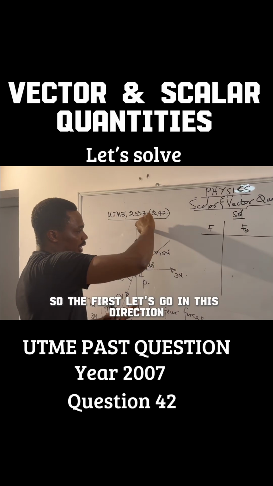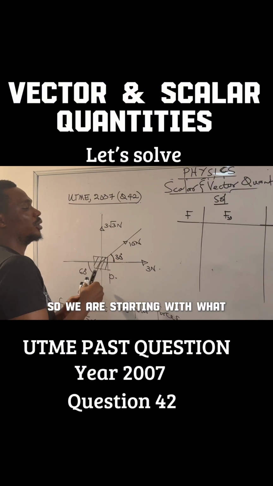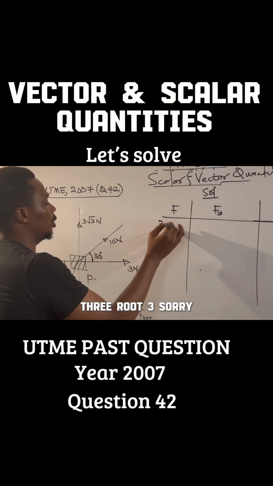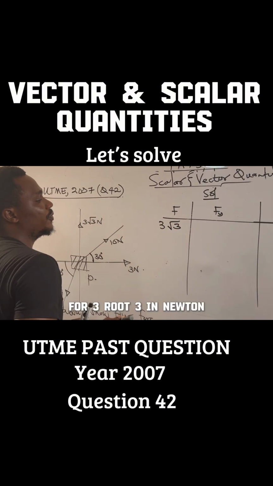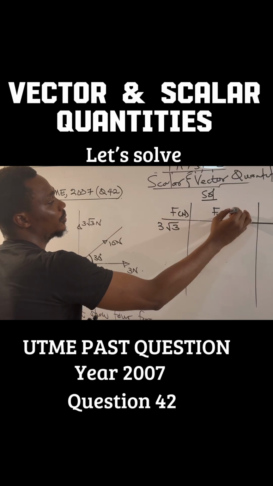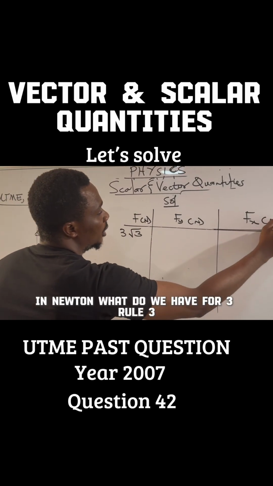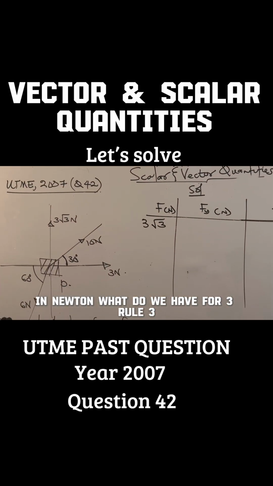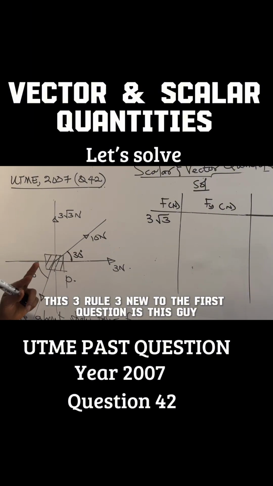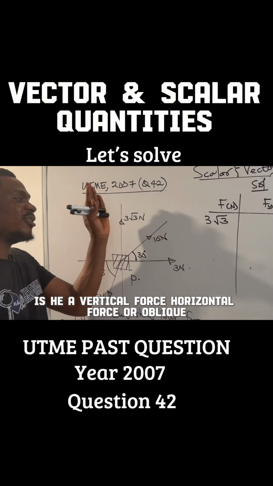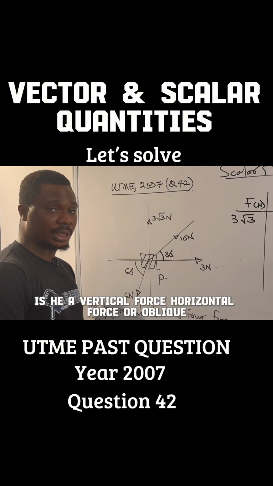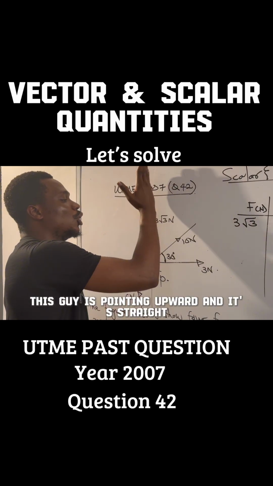So the first, let's go in this direction. We are starting with 3√3 Newton. What do we have for 3√3? The first question is, is this force vertical, horizontal, or oblique? As we can see, it is pointing upward and it's straight.